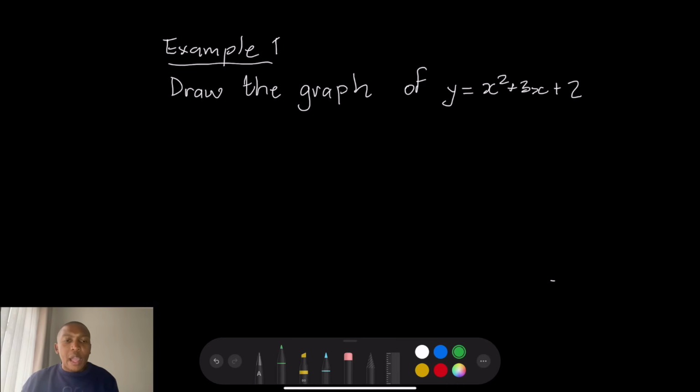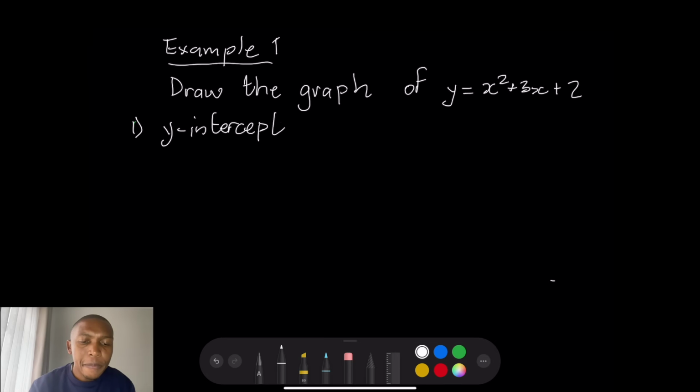All right, now let's look at example 1. They say draw the graph of y is equal to x squared plus 3x plus 2. So what we're going to do with the parabola is that we are going to look at the y-intercept, and we are going to look at the x-intercept, and I'll show you how we are going to therefore look at the turning point.